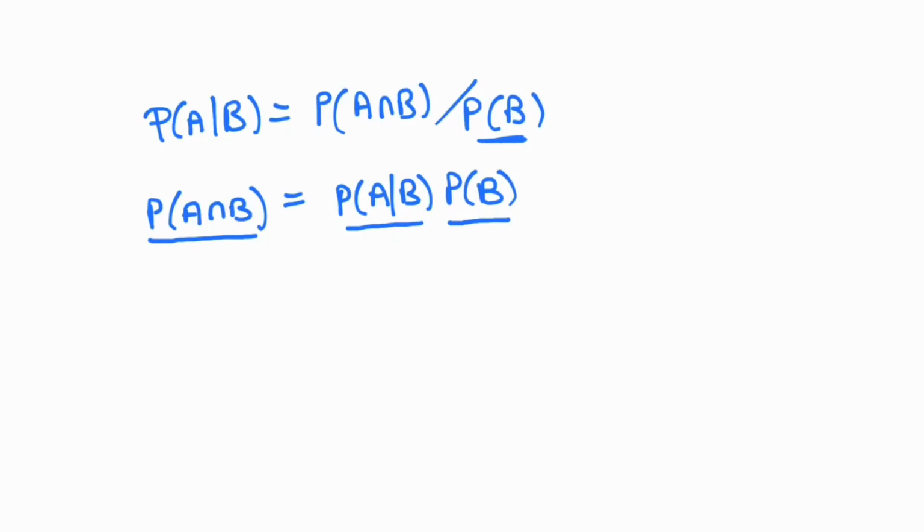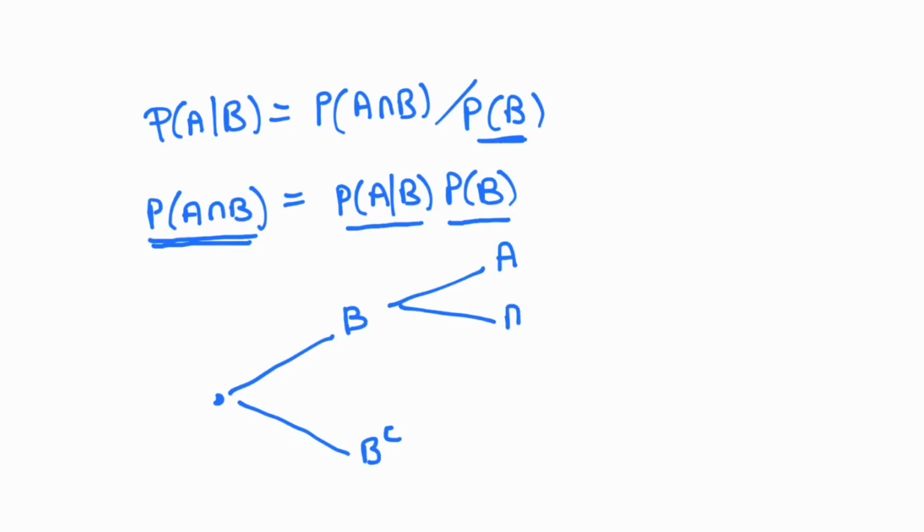This is quite a useful formula, and we can think of it by treating A and B as being part of a two-step procedure. So suppose we start from here, and then B may occur or not, and then given B, A may occur or not, and given B complement, A may occur or not.